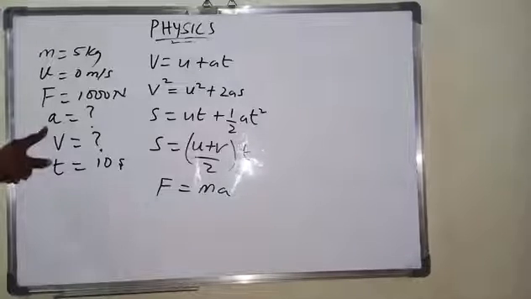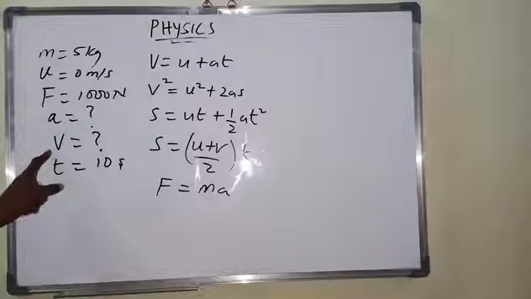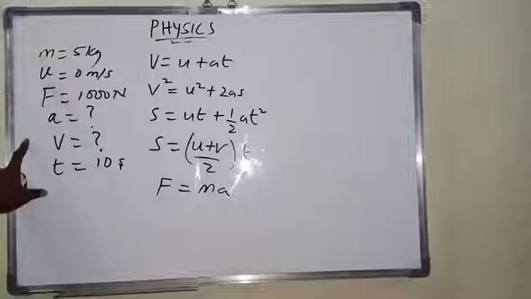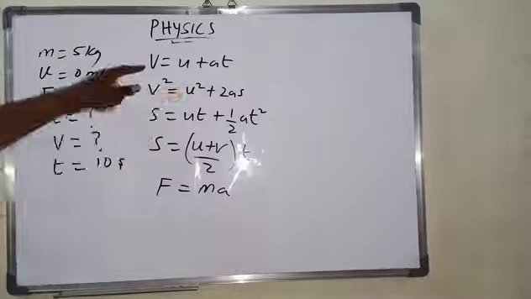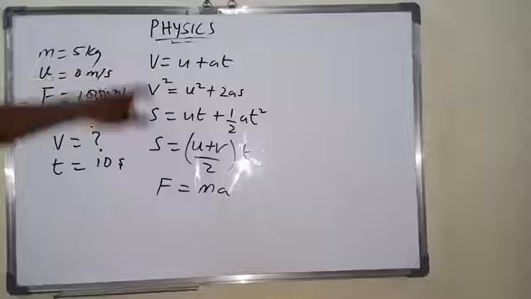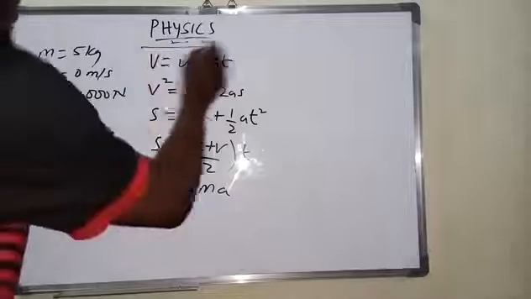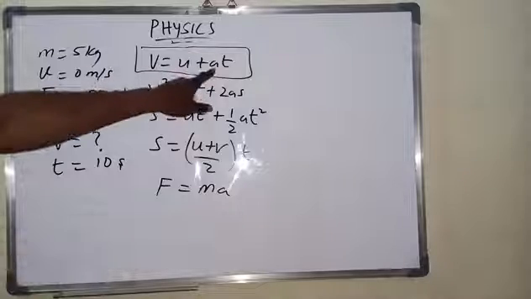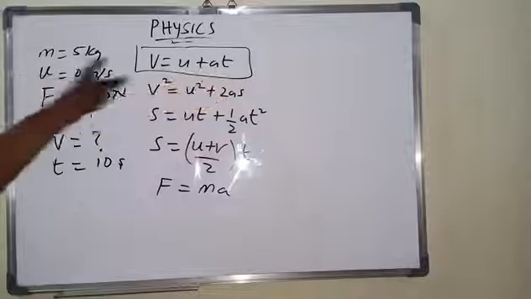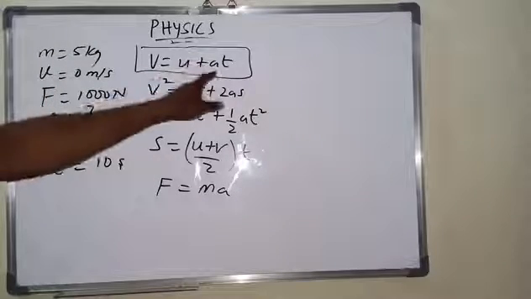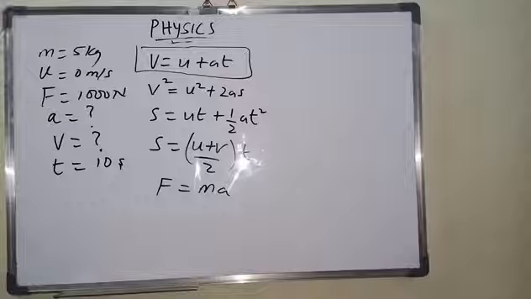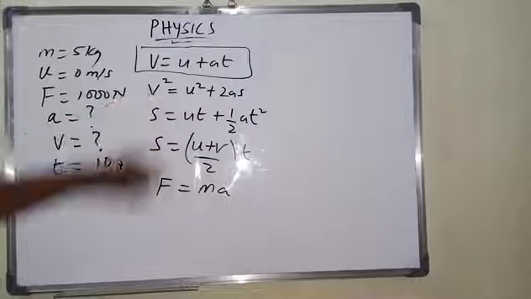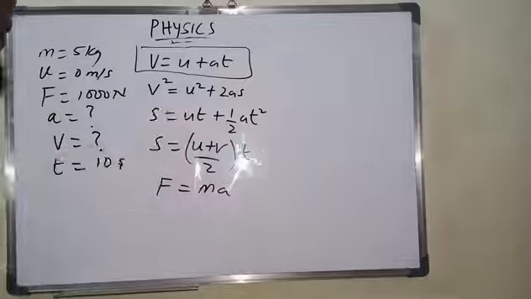We are looking for a and v at the same time, given mass, force and time. If we substitute here, we can find v, but for us to do that, we need a. Time is known, u is known to be 0 initial velocity. So we need a, so we can't use that. The same way here, we have a and distance to contend with, so we can't apply this also.